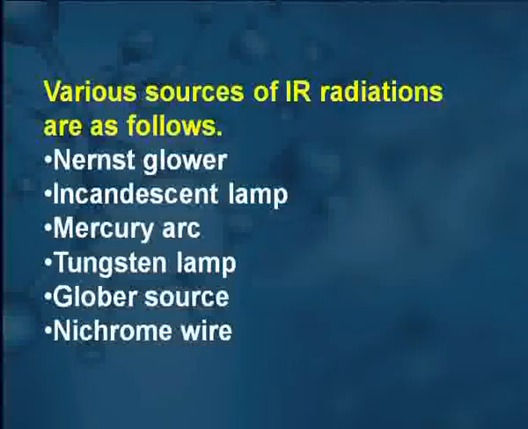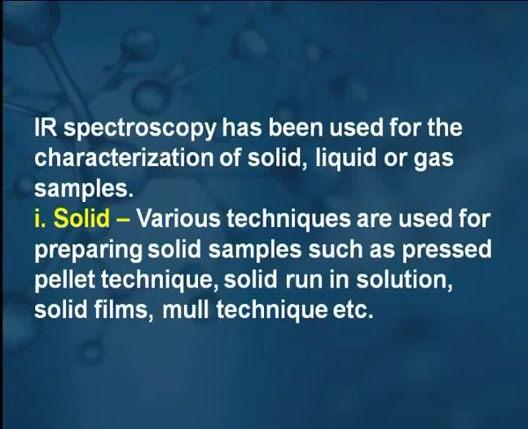Now, in IR, the instrument requires a source of radiant energy which emits IR radiation, which must be steady and intense enough for detection and extend over the desired wavelength. So, what are the various sources of IR radiation? They are Nernst glower, incandescent lamp, mercury arc, tungsten lamp, globar source, nichrome wire. These are the various sources.